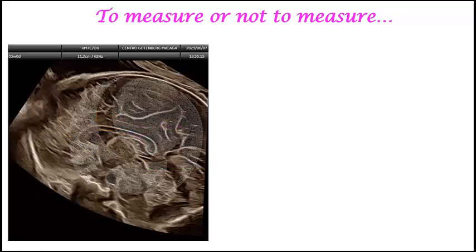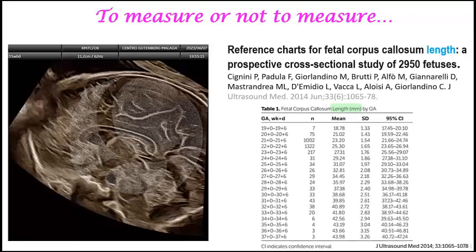And if you decide to measure, you should follow the same methodology used for creating the chart in which you are going to plot your measurements. If you are using conventional 2D ultrasound, I suggest using this chart of Achiron and colleagues due to the big number of cases included, especially between 21 and 23 weeks.